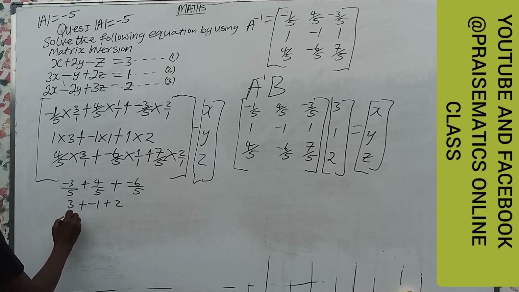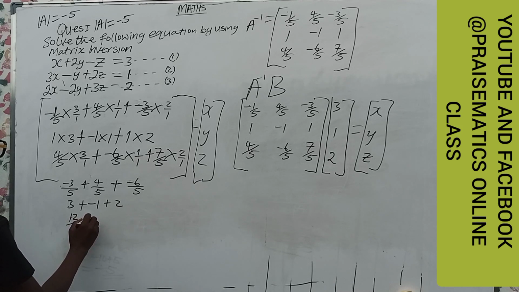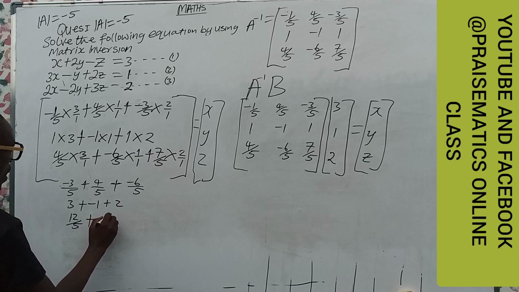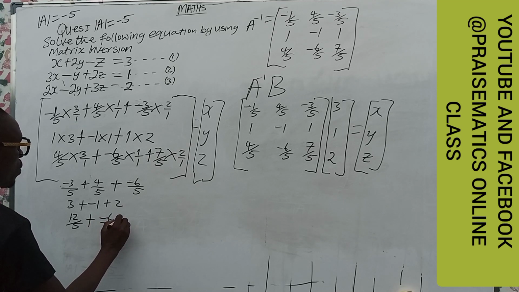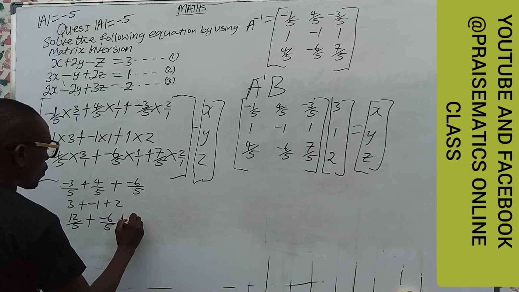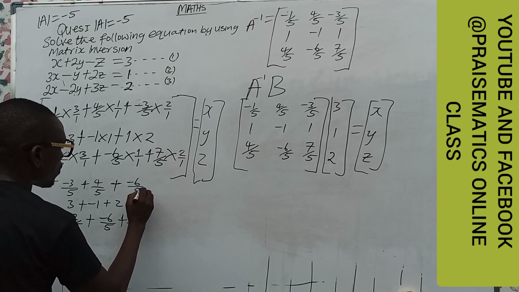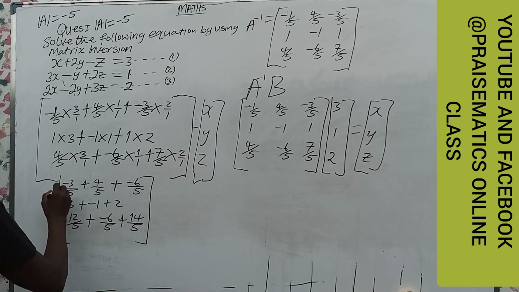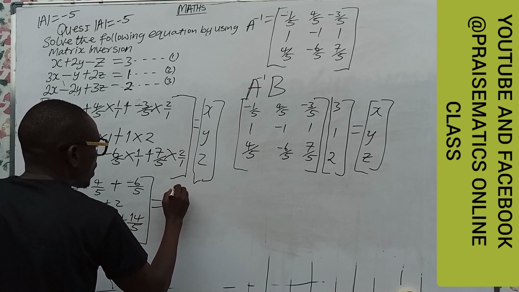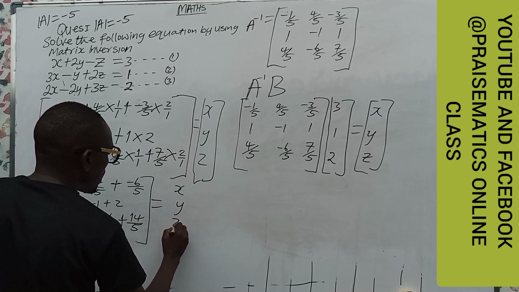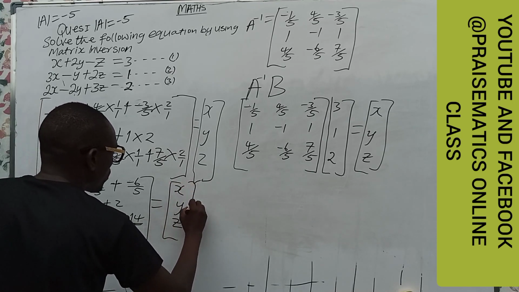Here we have 12 over 5 plus minus 6 over 5 plus 14 over 5, all equal to X, Y, Z, which is what we are looking for.